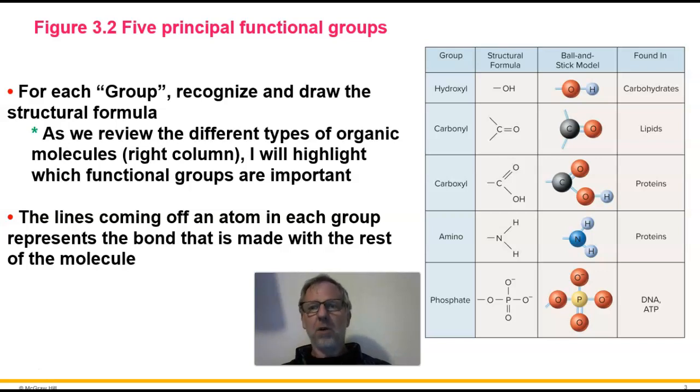For the carbonyl, the carbons, of course, need to make 4 bonds to get their 4 electrons. Well, what the structure is showing you is the carbon is making 2 bonds with an oxygen, and then the carbon is making its other 2 bonds with other atoms inside of a molecule. That's what the line represents.